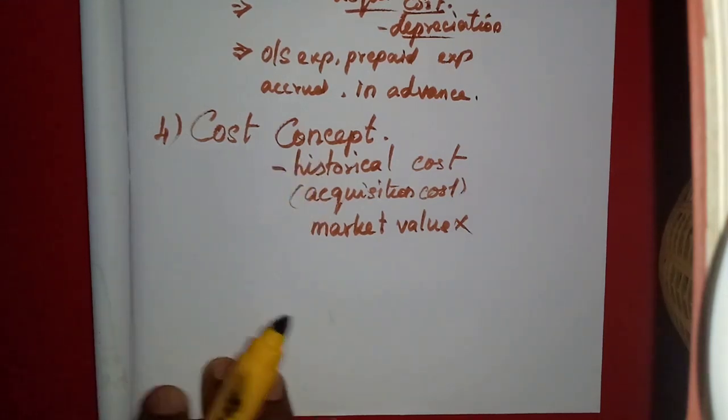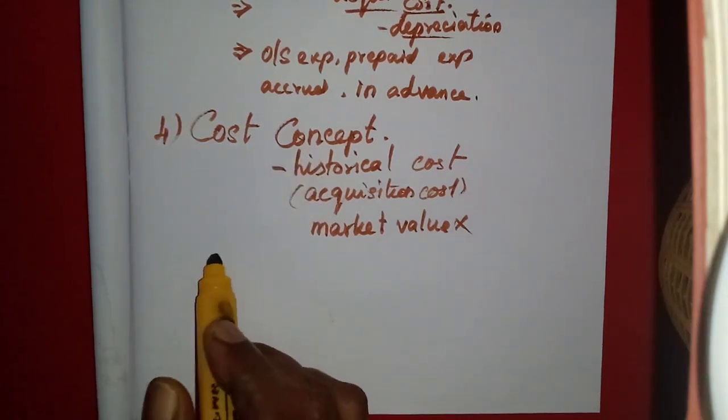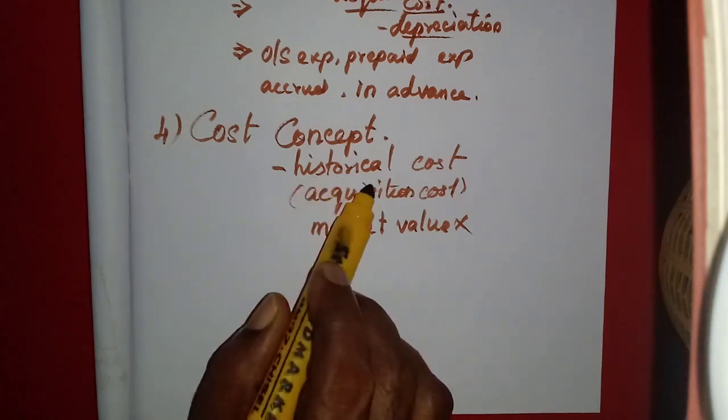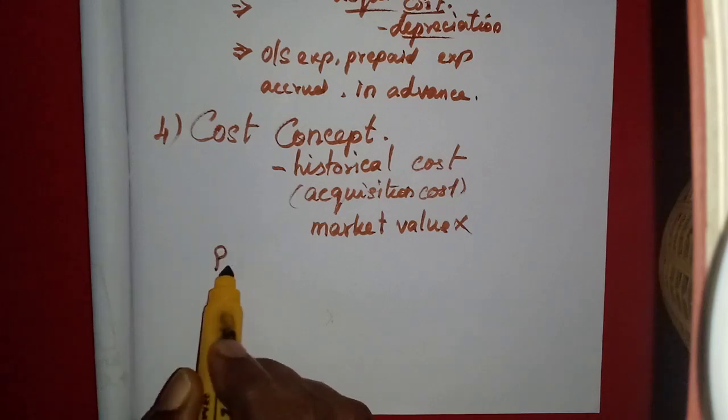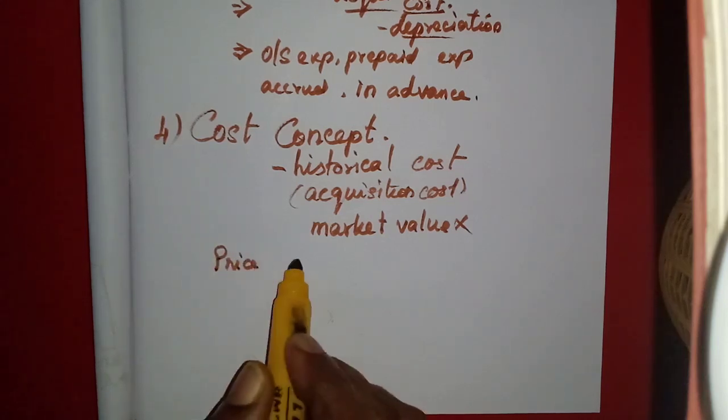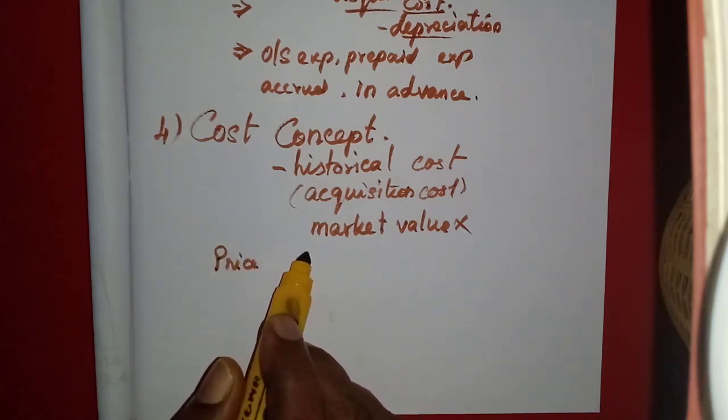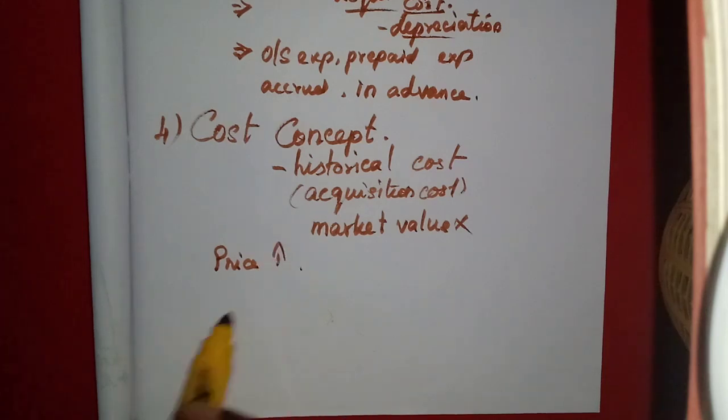So here some drawbacks are there, because we enter only the historical cost. Price inflation: the price for a particular machinery will keep increasing.